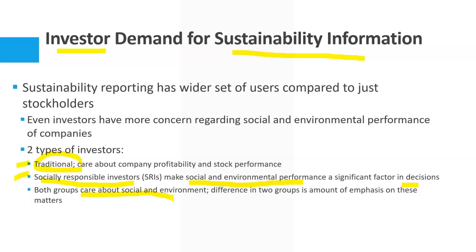The difference is the emphasis given to these matters by the group. So we say the SRI puts more emphasis on social and environmental performance than the traditional investor. So this is the difference.